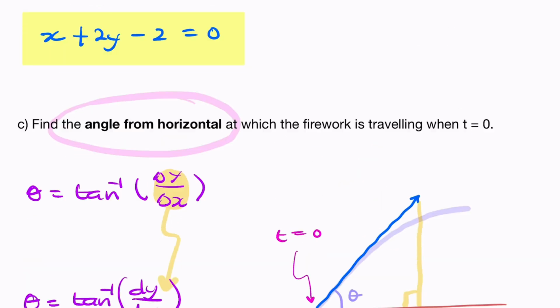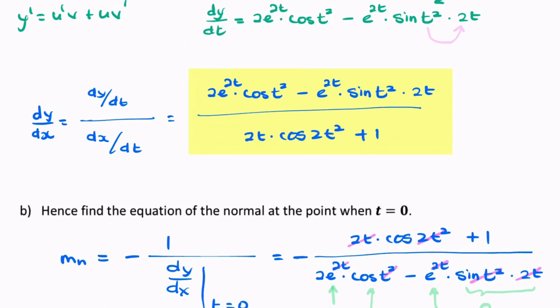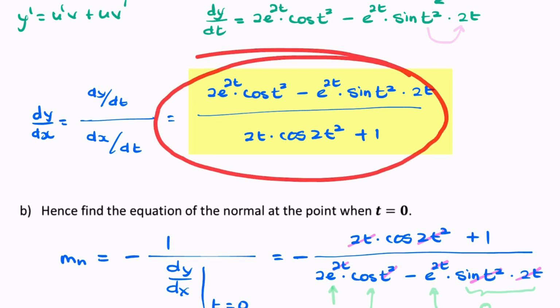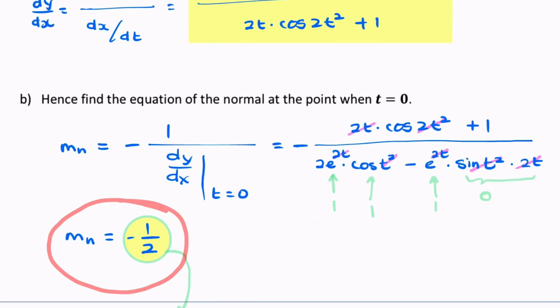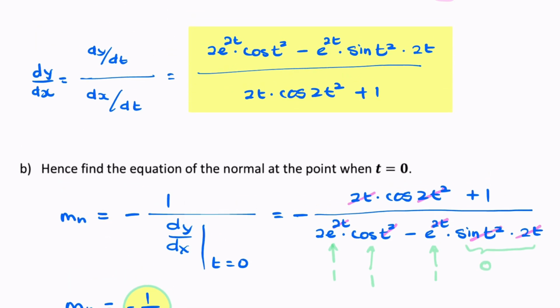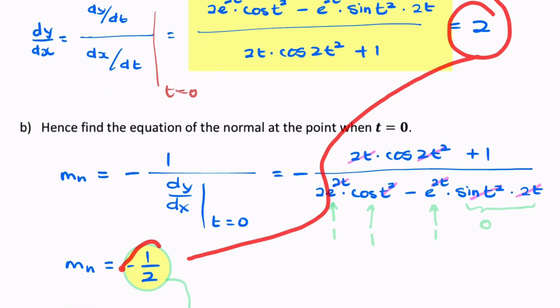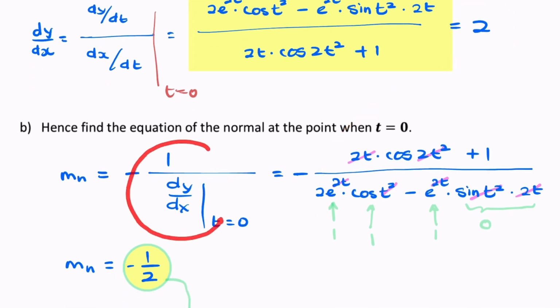So we found dy by dx up here. Well, we didn't find it, but we found the gradient of the normal. So if we had calculated it at the point where t equals 0, we would have got 2, because this and this need to be negative reciprocals, remember?